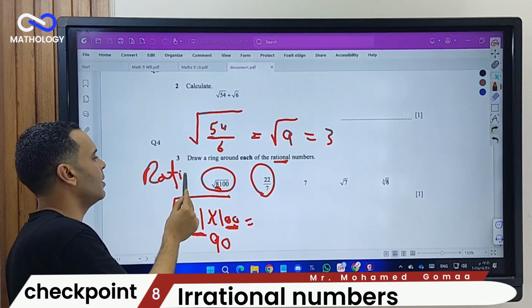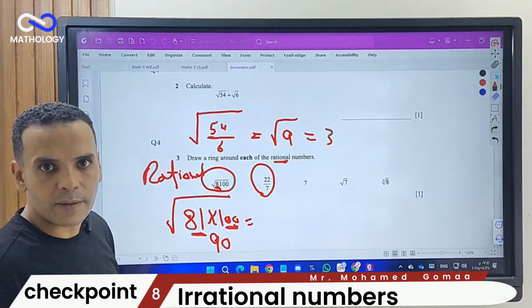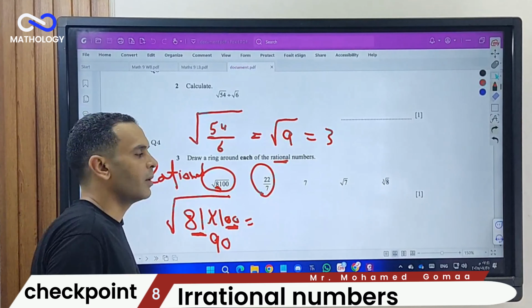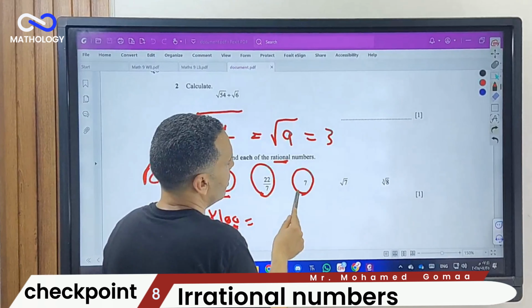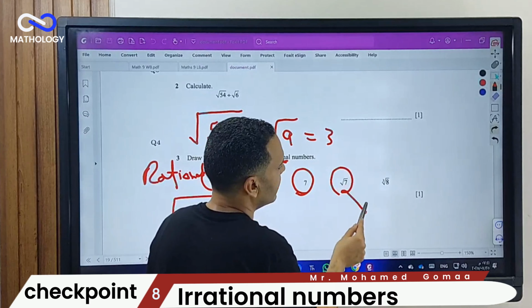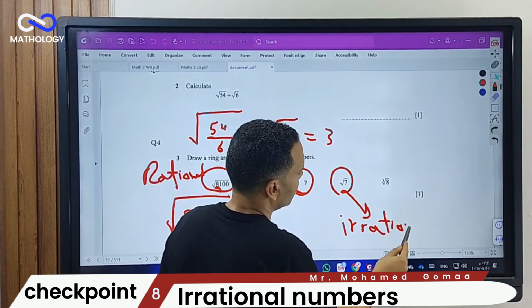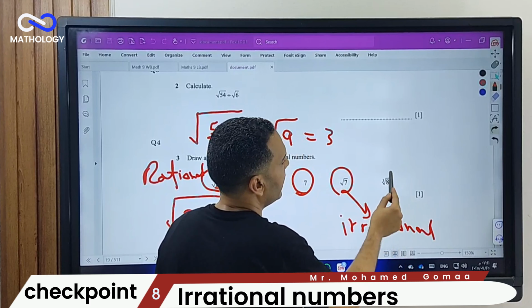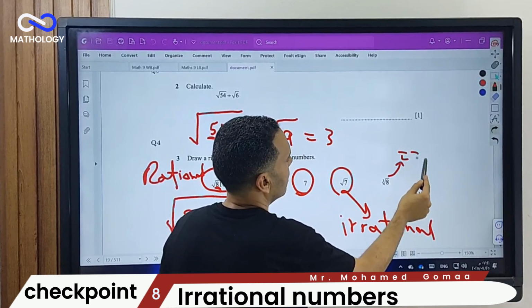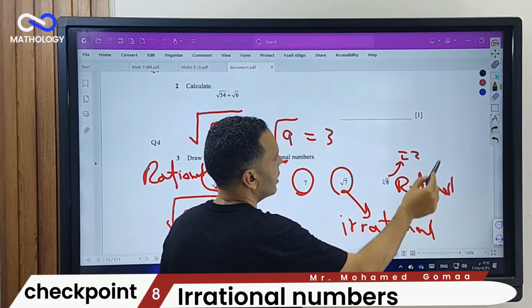Why irrational? Because you can't find the answer of this question. The square root of 7 is irrational. Cube root of 8 equals 2. Rational. Cube root of 8 is rational.